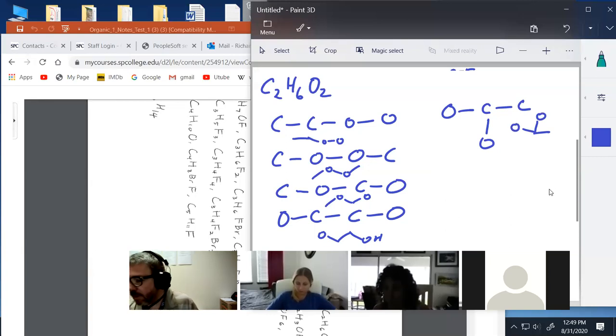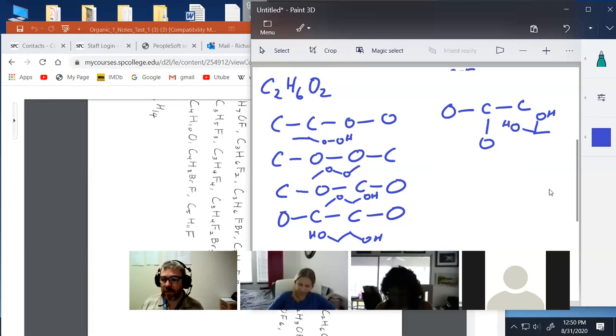All right, so that's all the line structures. Because there's no Fs or anything I have to put on, I really just have to put the hydrogens where they need to go. I'll put hydrogen here, and here, and here, and here, and here. I shouldn't have drawn one there, but I did. And that would be it. So that would be the 5 possible isomers that one could draw for C2H6O2.